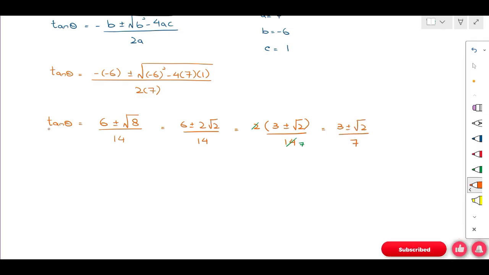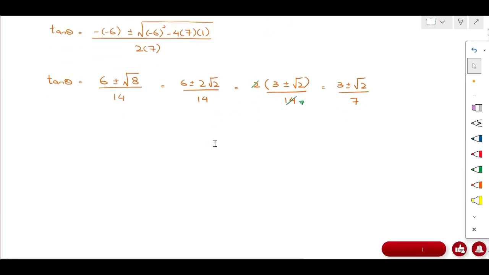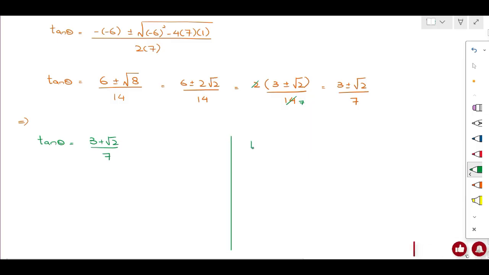So these are the two roots for the tan theta. Now let me solve these two solutions. The first solution is tan theta equals 3 plus square root of 2 over 7, and the other one is tan theta equals 3 minus square root of 2 divided by 7.